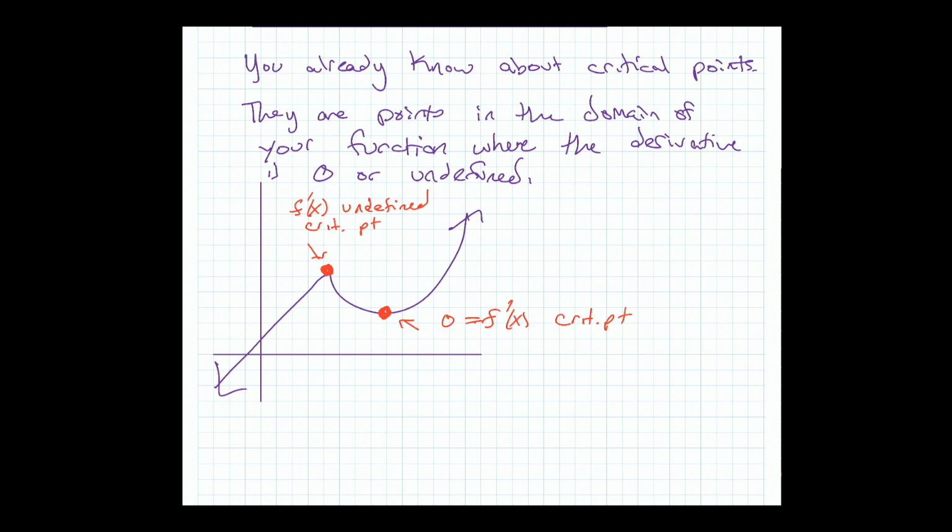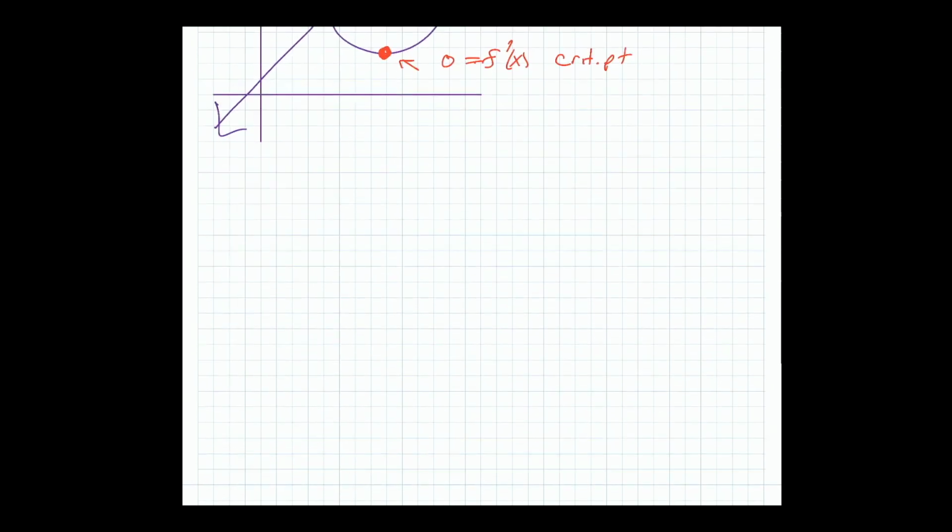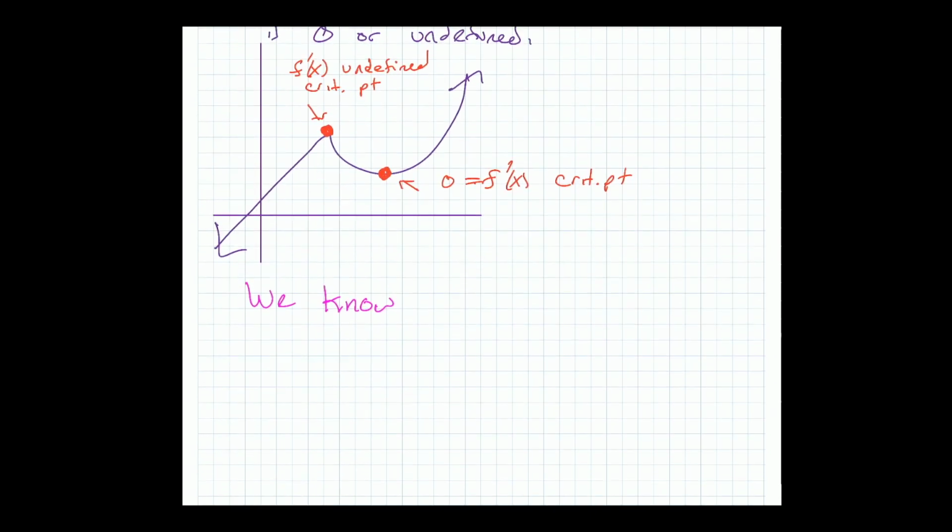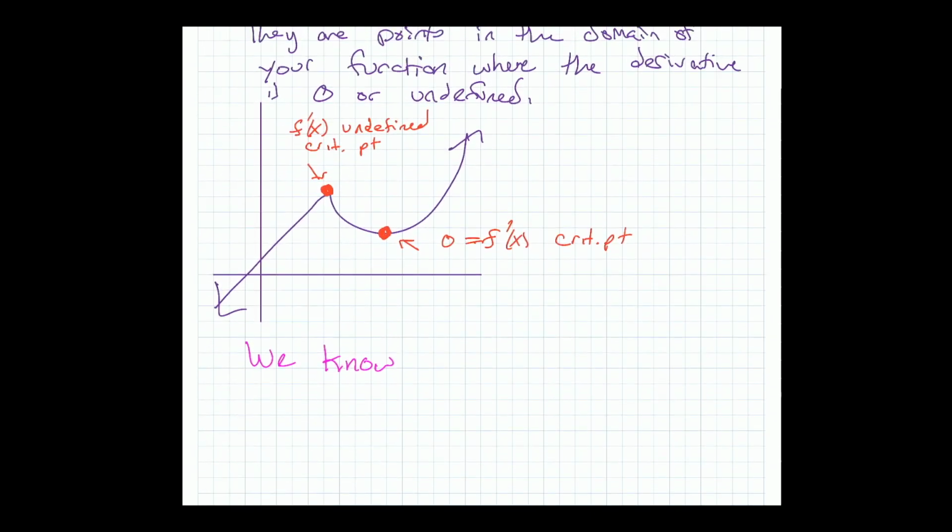That's the key. So the key behind this is understanding that we know from when we did absolute extrema on a closed domain last time that critical points are locations of maximums or minimums, but not necessarily the absolute maximum and minimum. It could be a local maximum or minimum.